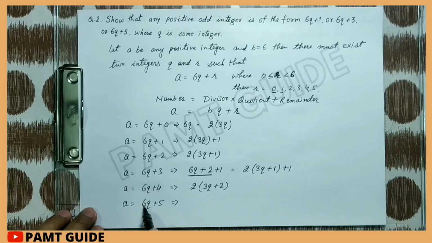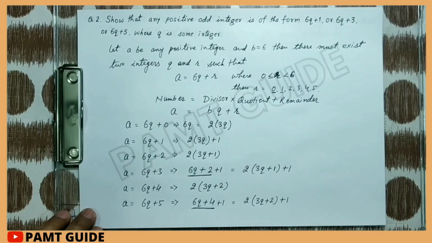We can write 6q plus 5 as 6q plus 4 and plus 1, where 1 is the remainder. Now we can take 2 as common from 6q plus 4, so we can write it as 2 multiplied by 3q plus 2, and plus 1.